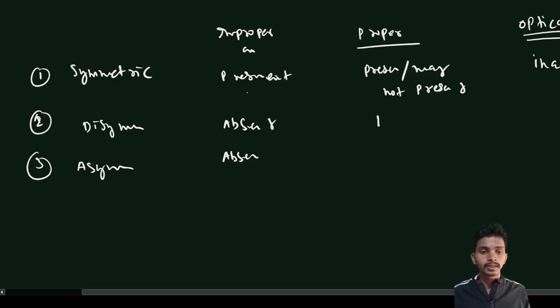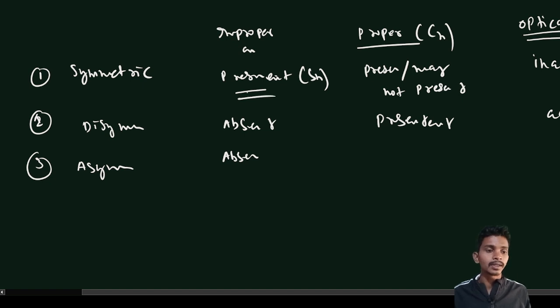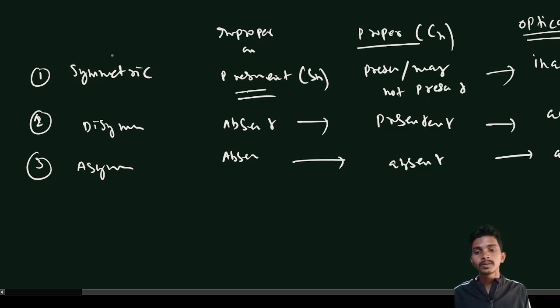For dissymmetric molecules, the Cn axis is present but Sn is absent, so the molecule is active. For asymmetric molecules, Sn is absent, so it is also active. So for checking optical activity, only the Sn axis is needed.